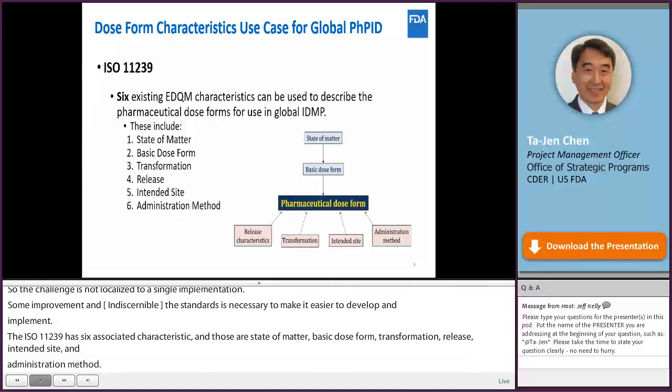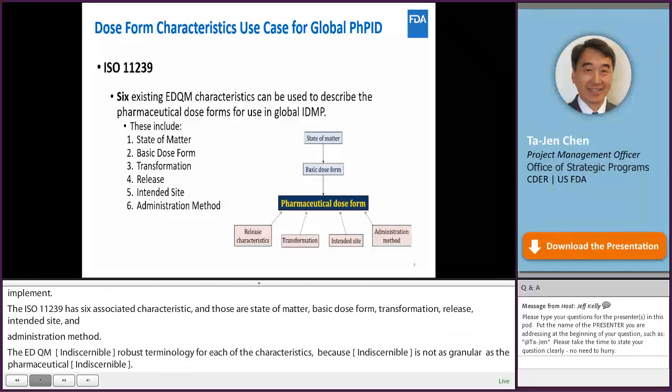The characteristic is not as granular as a pharmaceutical dose form term. So the first proposal is to use the collection of the characteristics instead of the pharmaceutical dose form term as an input to generate a global PhPID.